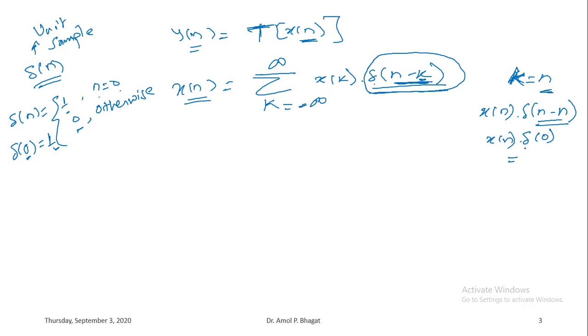Because del of 0 is 1, this is simply equal to x of n. This holds for k equals n only.